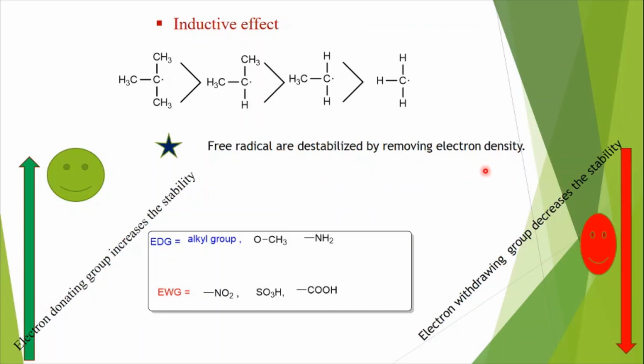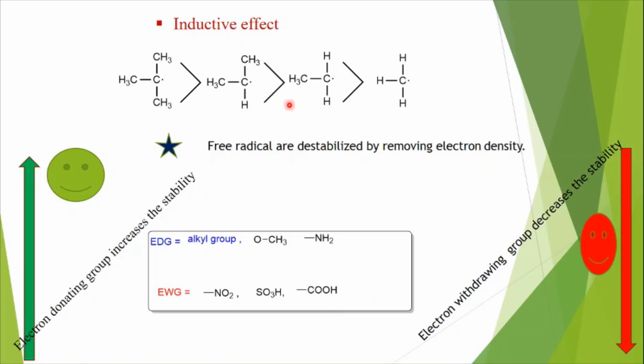That group is called an electron withdrawing group. Electron withdrawing groups such as NO2 group, sulfonic acid group, carboxylic acid group, keto group, then aldehydes and ketones. These are the electron withdrawing groups.